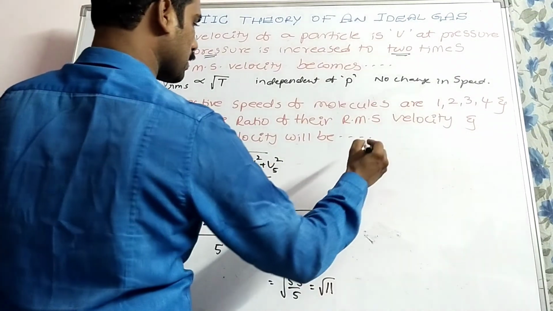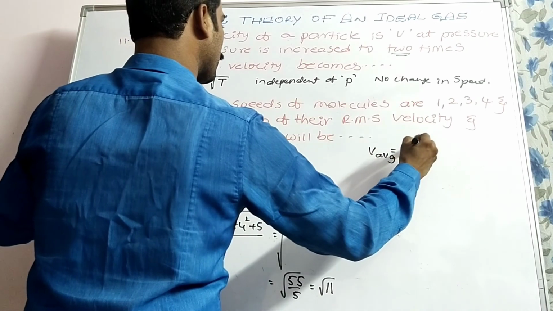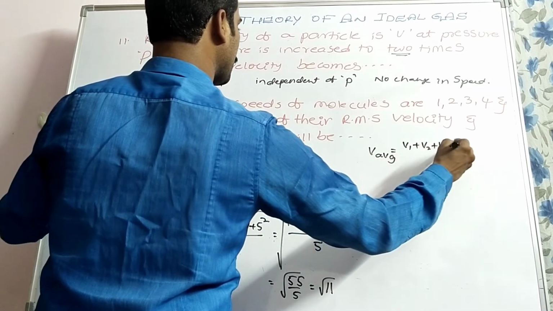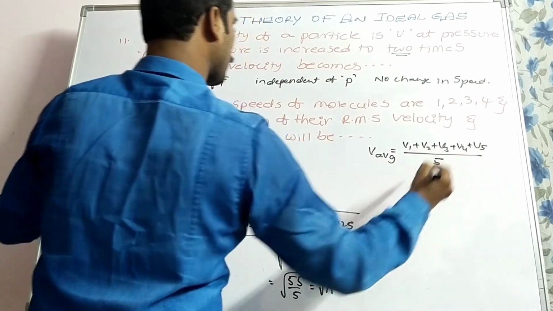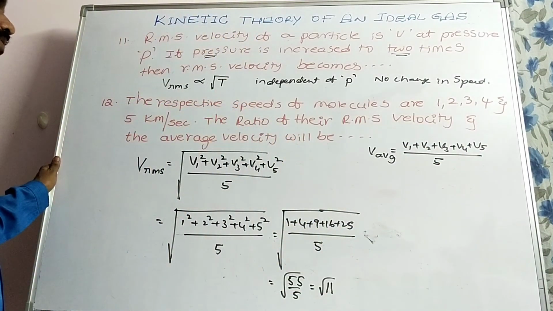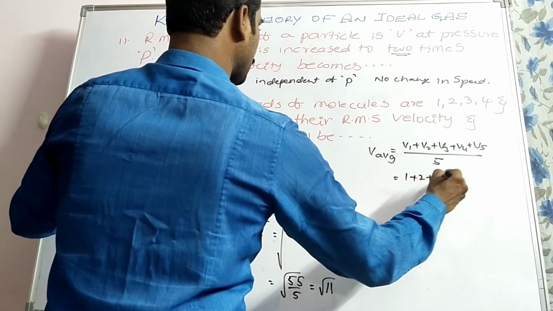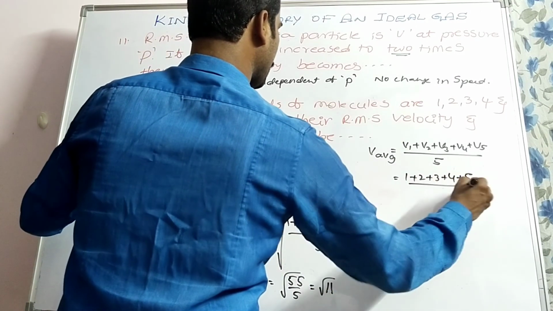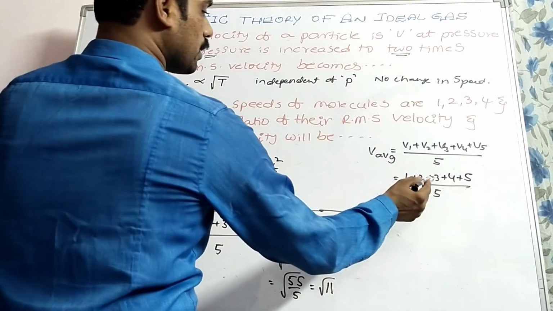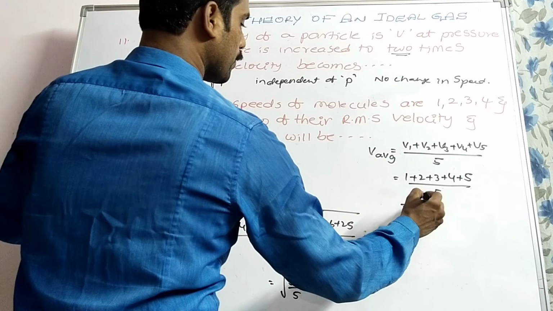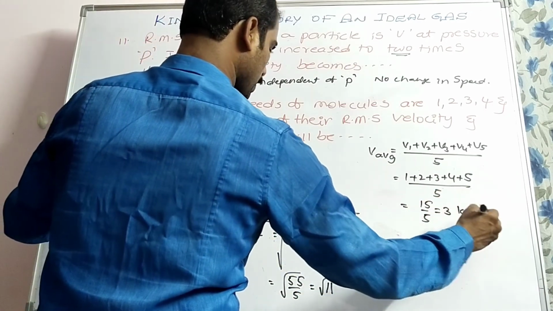That is V RMS. What about V average? V average is equal to V1 plus V2 plus V3 plus V4 plus V5, the sum of the quantities by the total number of quantities. That is equal to 1 plus 2 plus 3 plus 4 plus 5 by 5, that is 15 by 5, which is equal to 3 km per second.